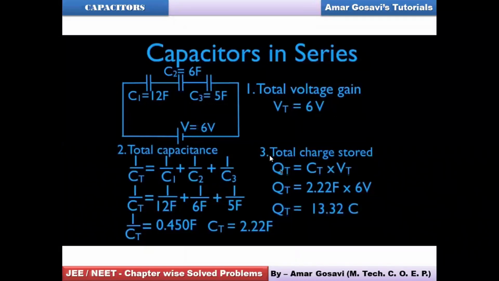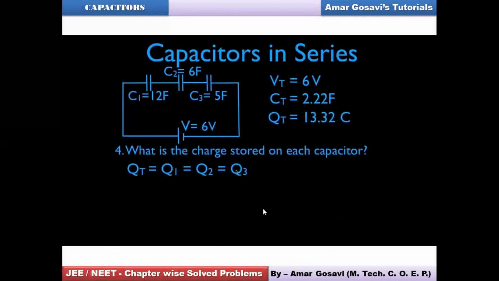Now the fourth question was the individual charge on every capacitor. Because it is in series, I said that whatever is the total charge would be the same charge across each capacitor. So what is the charge stored on each capacitor? Q total will be equal to Q1, Q2 and Q3.